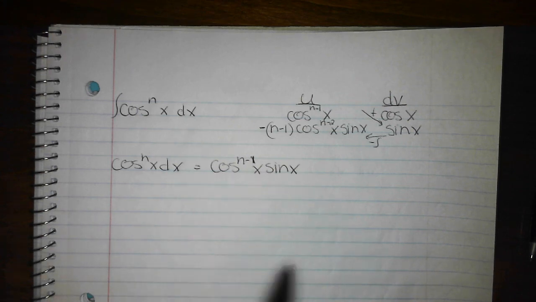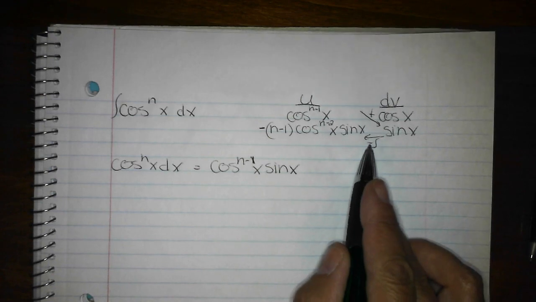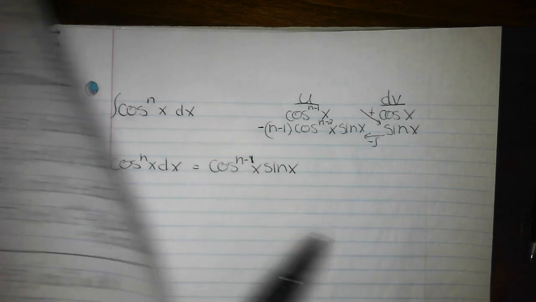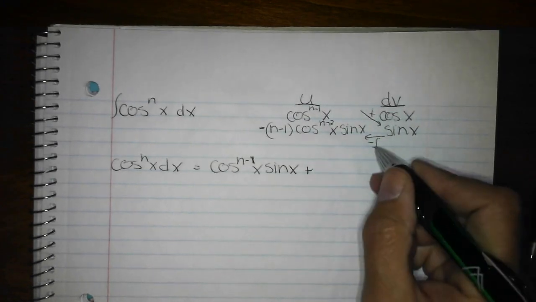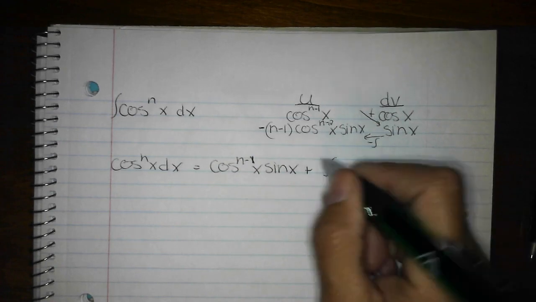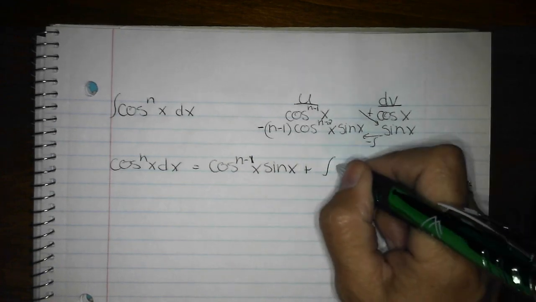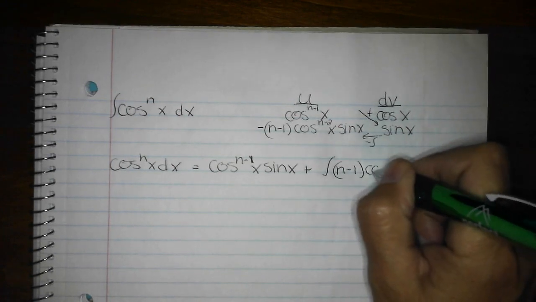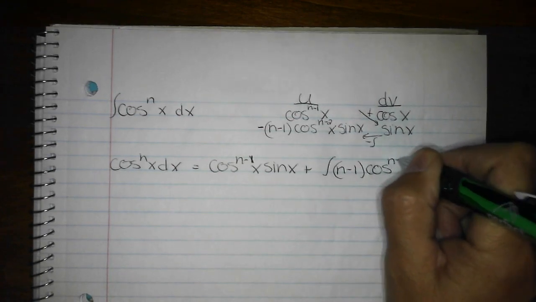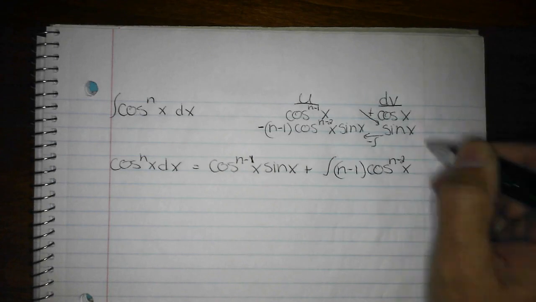Keep going here. So we're going to multiply. We've got the negative times the, and I knew it was because I looked back here. I knew I didn't have the negative. So we're still multiplying. Negative times negative goes positive. I've got the integral of n minus 1 times cosine to the n minus 2 x sine squared.